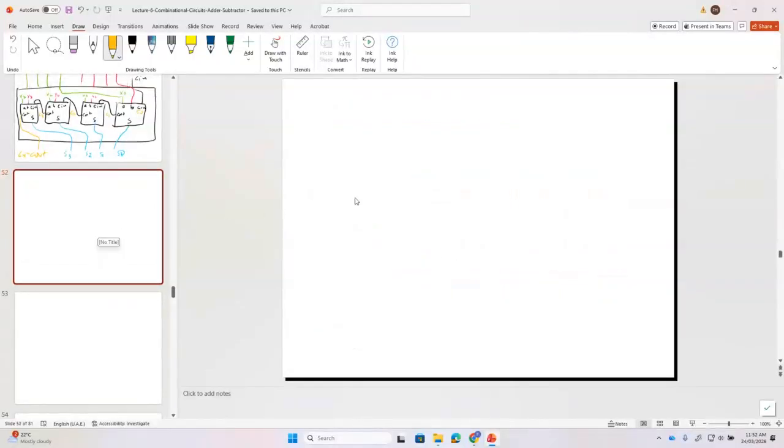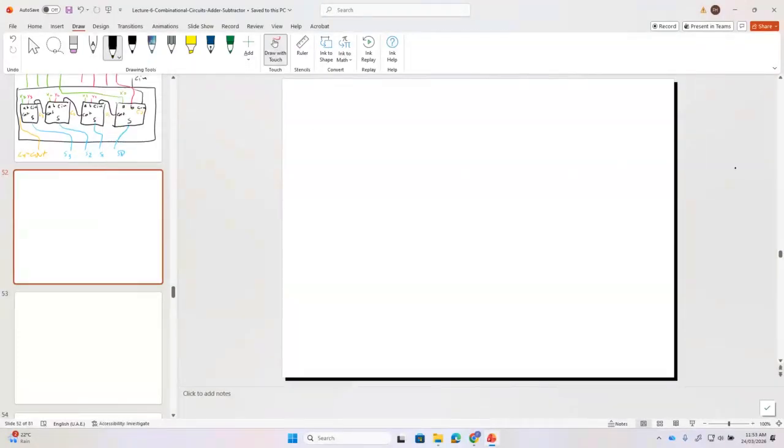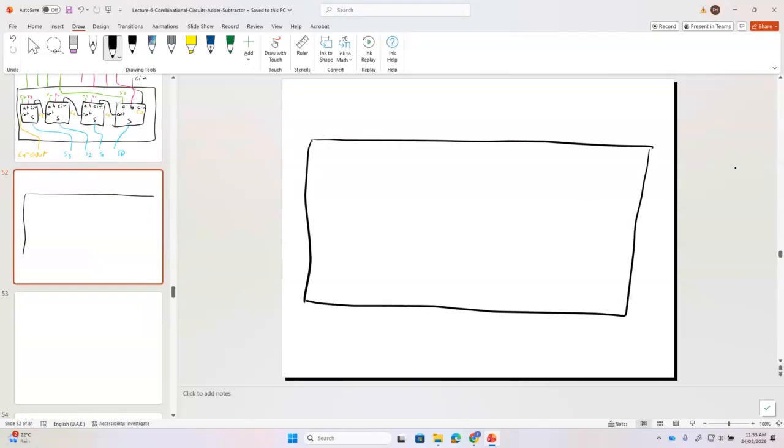Now let's assume you want to design an 8-bit adder. Let's assume the inputs are 1, 2, 3, 4, 5, 6, 7, 8.